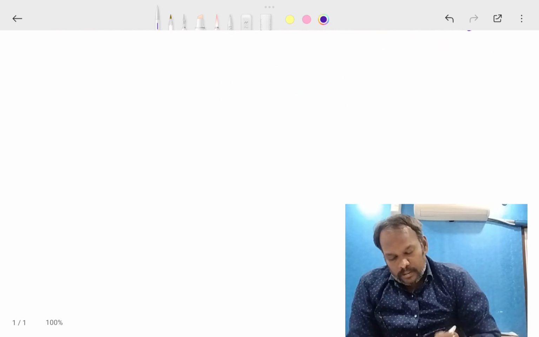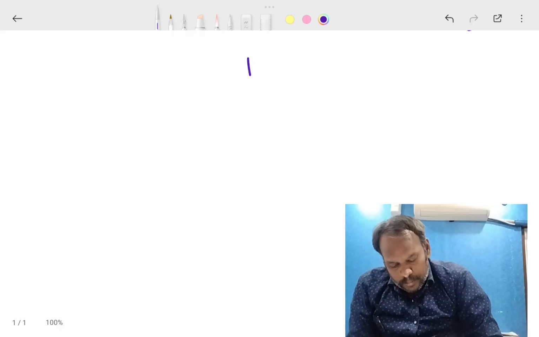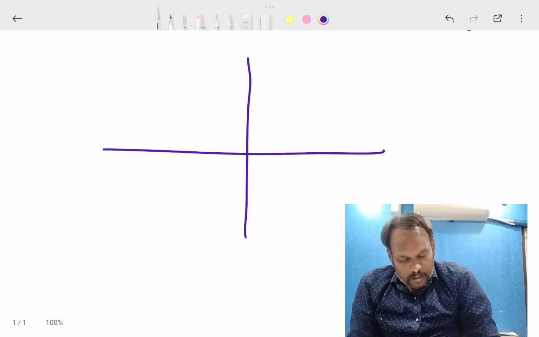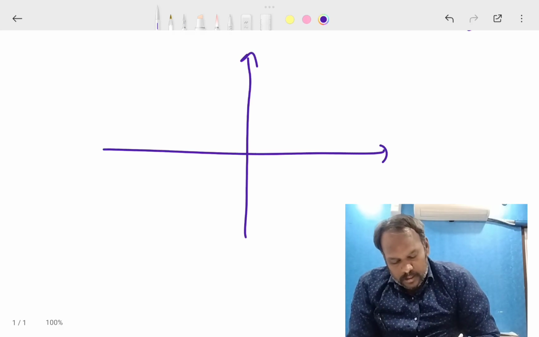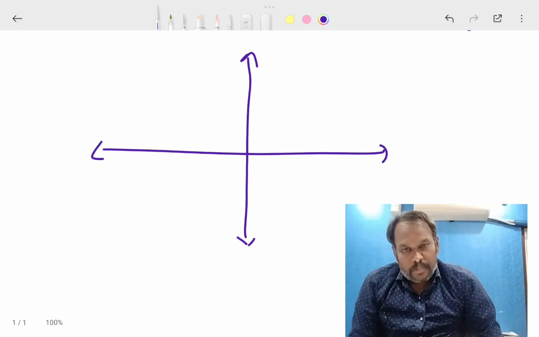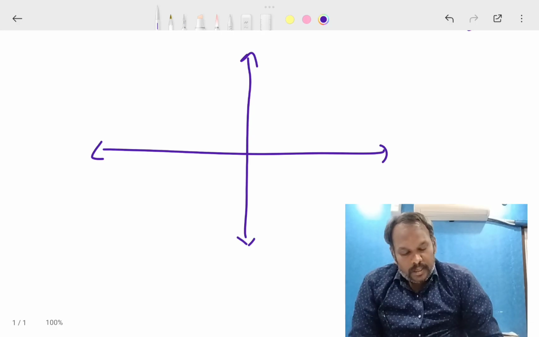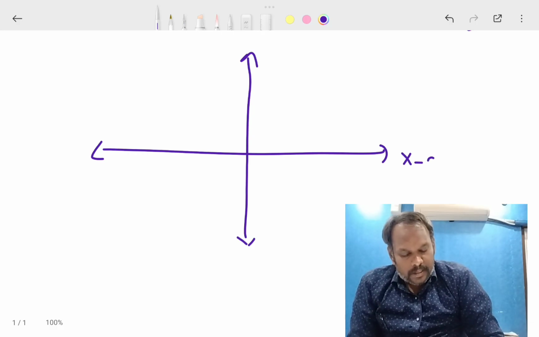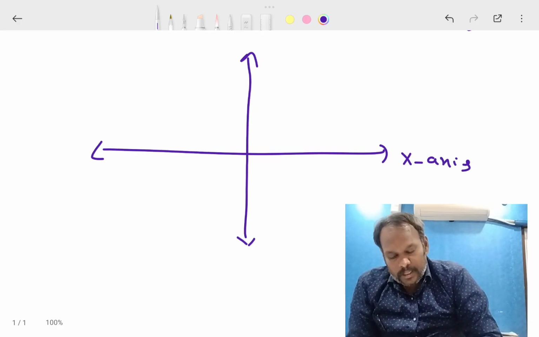In this chapter, mainly you have to remember the x-axis and y-axis. Let us consider the total blackboard is a plane. In this plane, the horizontal line we call as x-axis and the vertical line we call as y-axis.